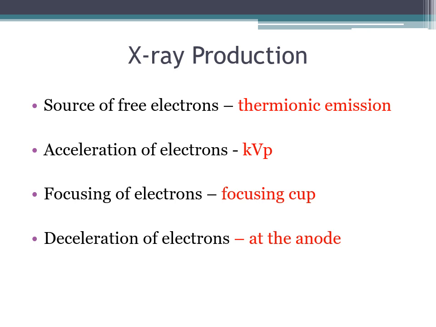We're going to push the electrons with the kVp. Focusing of electrons is going to happen due to the focusing cup, which concentrates the electrons toward the target. And finally, deceleration of electrons is at the anode, and at that deceleration is going to result in our BREMS and characteristic and infrared interactions.